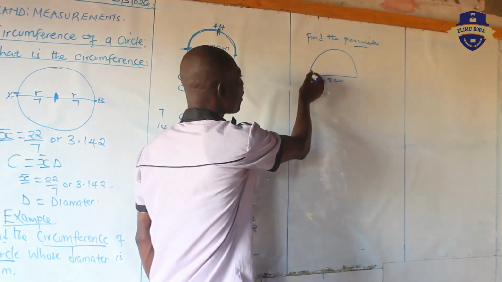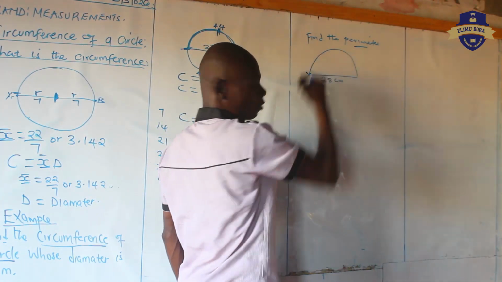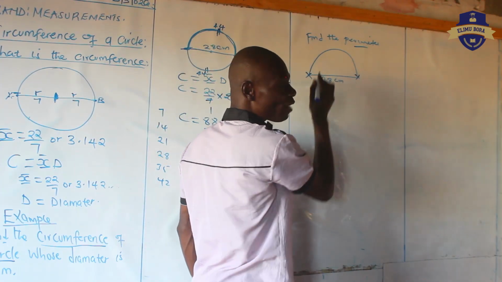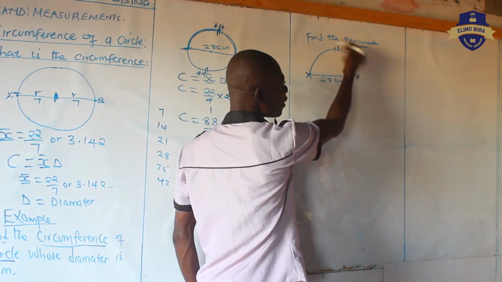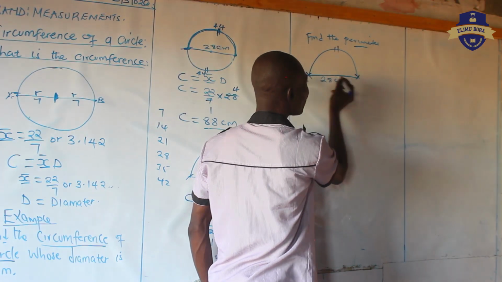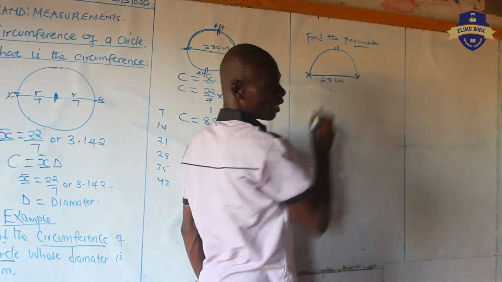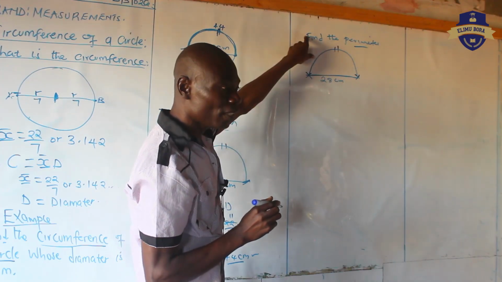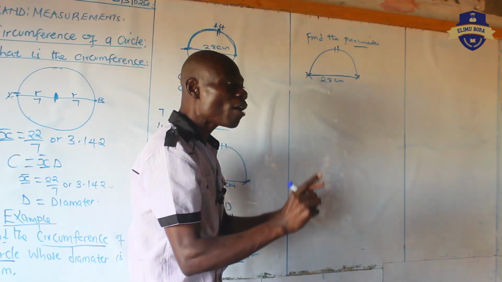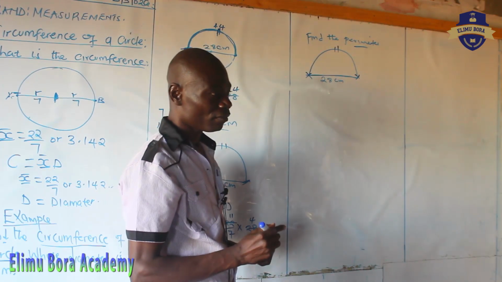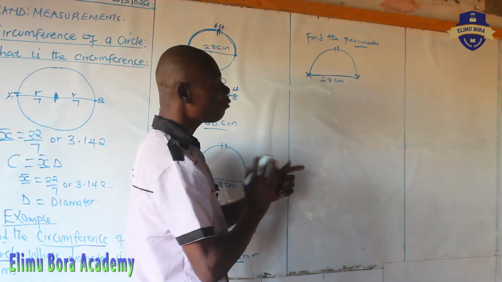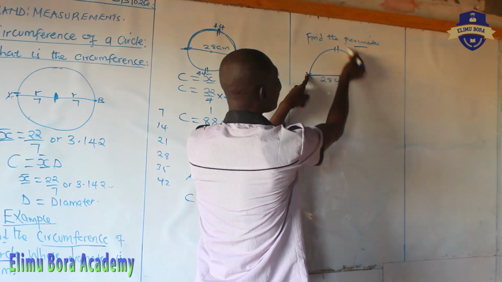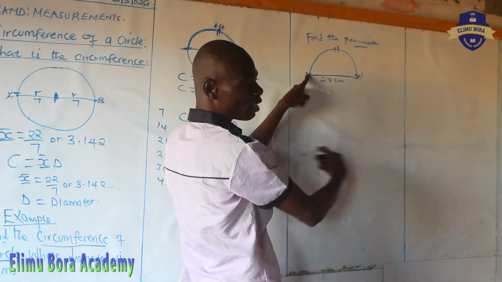Perimeter means the distance all around the closed figure, which means the circumference plus also the diameter line. I don't know if you are getting my point. Perimeter means the whole distance around the closed figure, because if you are running, you will use this straight path of the diameter plus this curved line.